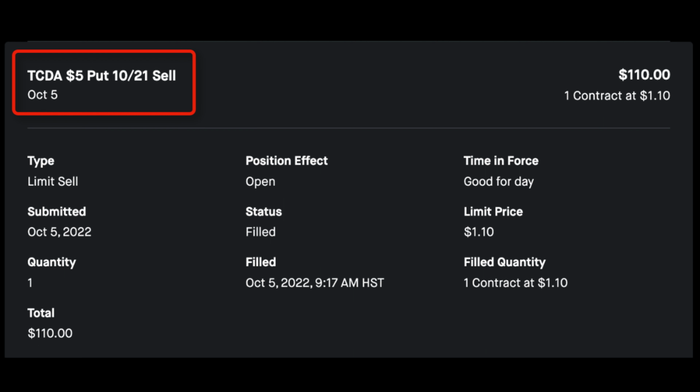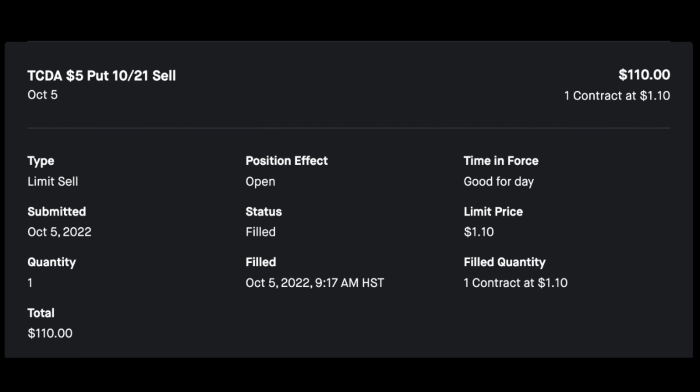Here's the actual transaction record from my account history. Remember my small account that only has $500 in it, and I used it all to sell this cash secure put for stock symbol TCDA with a $5 strike price and an expiration date of October 21st of 2022. Now you can see I submitted this order on October 5th, making this a 16-day option trade, so just over 2 weeks.